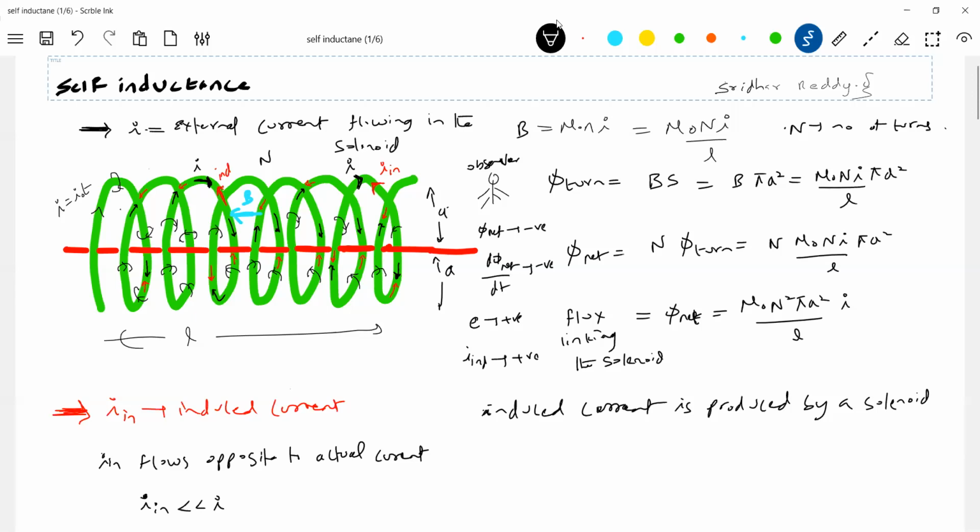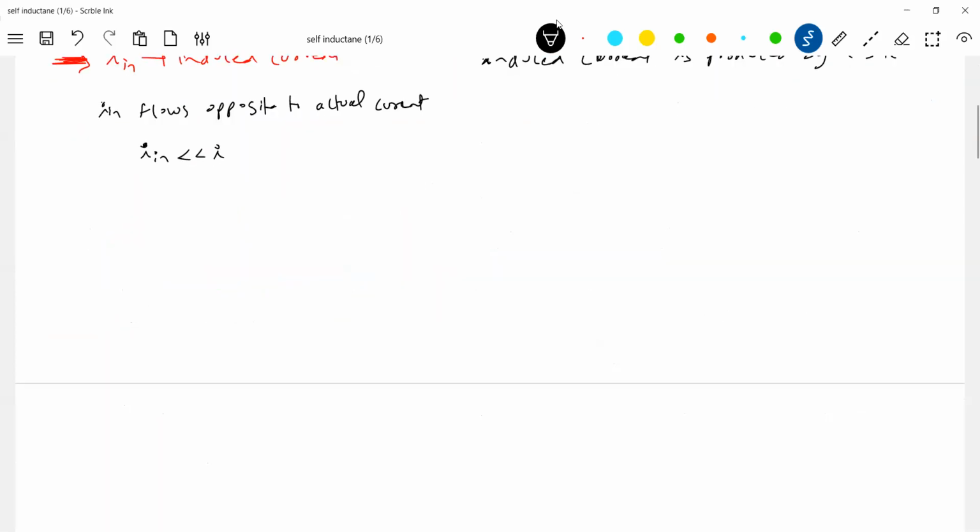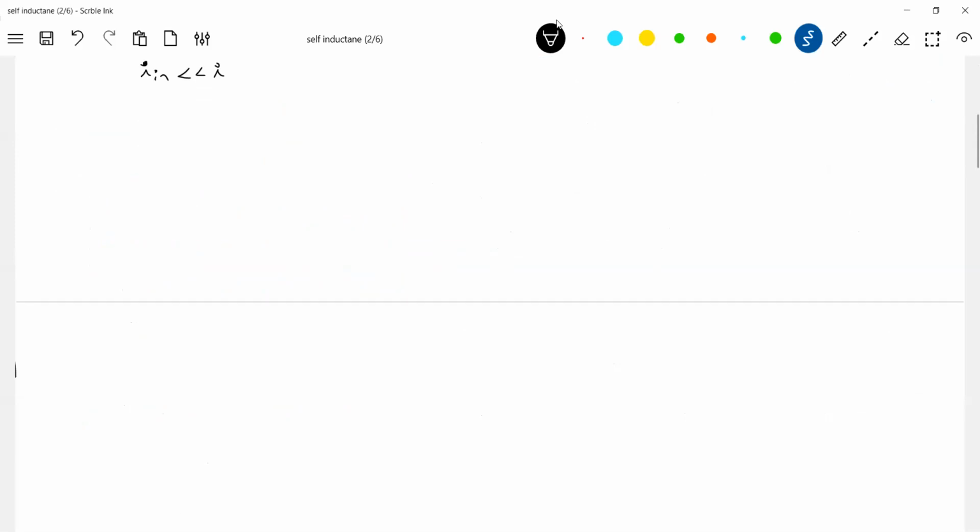Okay, let's do one thing. I'll send a decreasing current. So if I send a decreasing current, what parameters will come? Let's analyze that condition also. Drawing that. I'll change it a little bit.